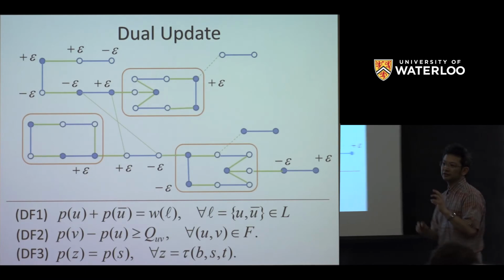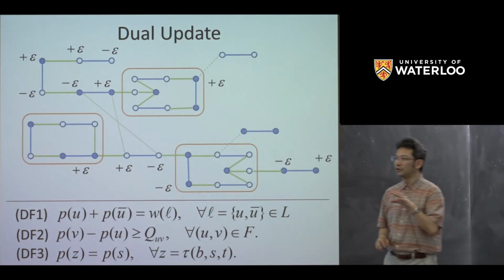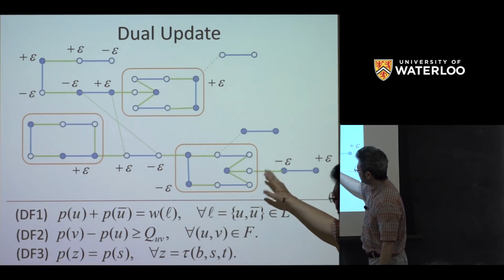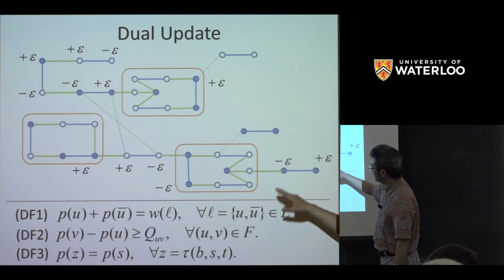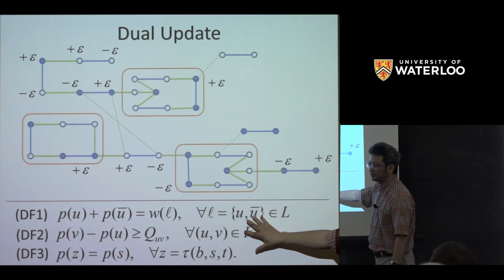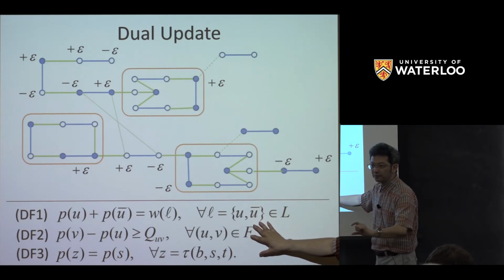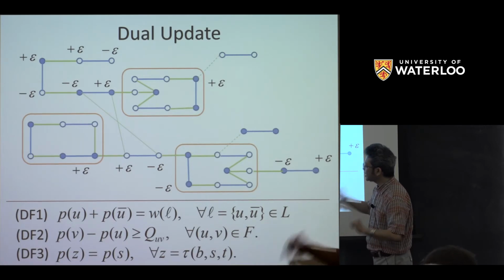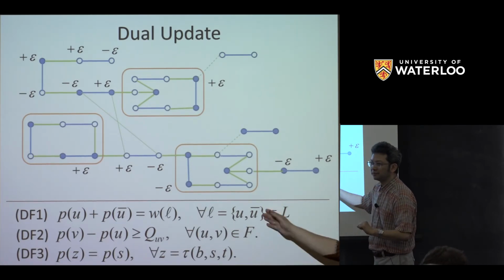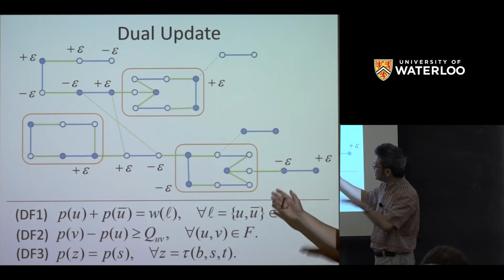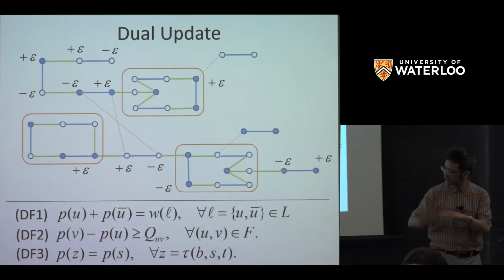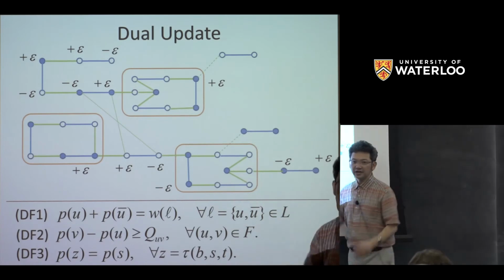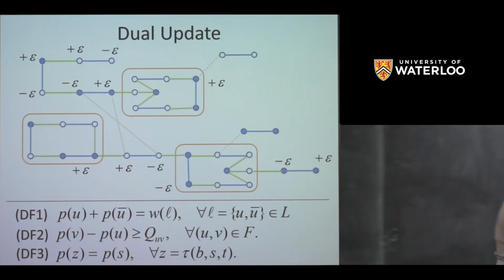That is quite the same as the standard algorithm for minimum weight perfect matching. In fact, we will be able to see that these changes will not hurt dual feasibility if epsilon is sufficiently small. We find the maximum amount of epsilon that keeps this dual feasibility, and once we attain that, we fix this epsilon and apply this update. That means that we will have a tight edge somewhere, and we repeat that.